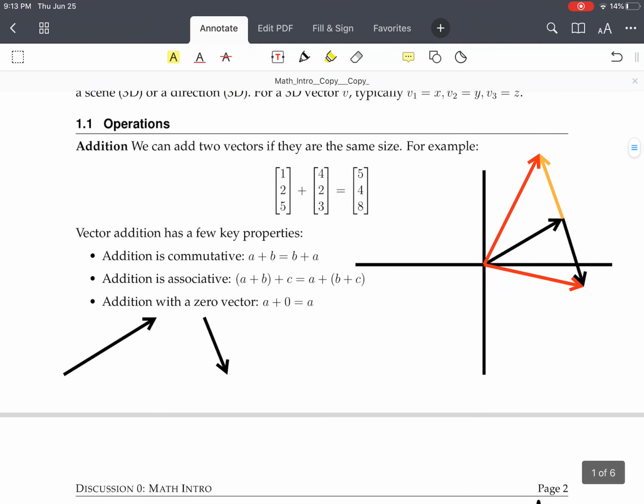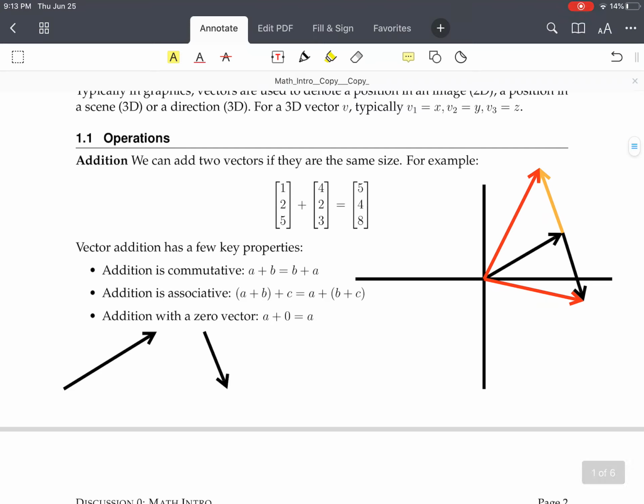So if we come up here, there's a little bit of a diagram to help you visualize addition and get a more intuitive understanding. Of these two vectors here on the bottom left, I'm going to label this one A and this one B. And if we come over here to the axes, that right there is A and that right there is B. Now if we wanted to find A plus B, that would be this red vector on the bottom.